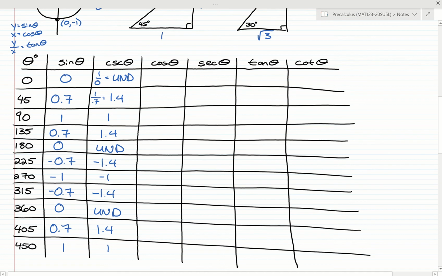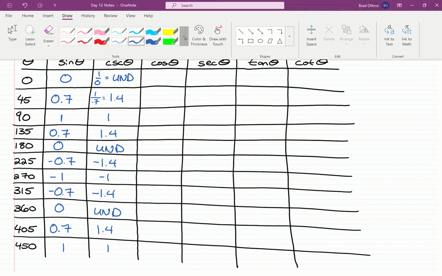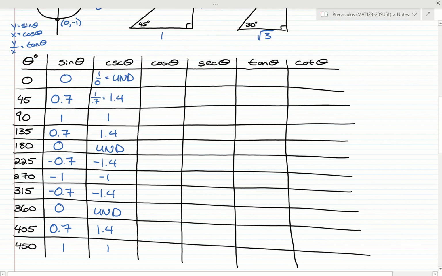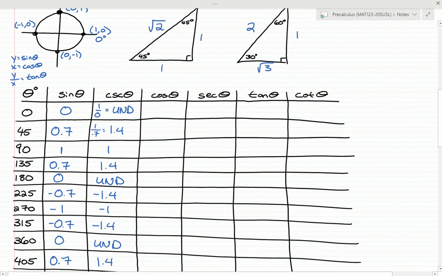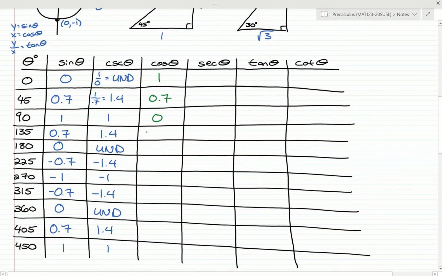Let's go to cosine. Cosine of 0, if you look at your quadrantal angles, cosine's the x value, it's 1. Cosine of 45 would be 0.7. Cosine of 90 is 0. Cosine of 135 is -0.7. 180, cosine is -1.